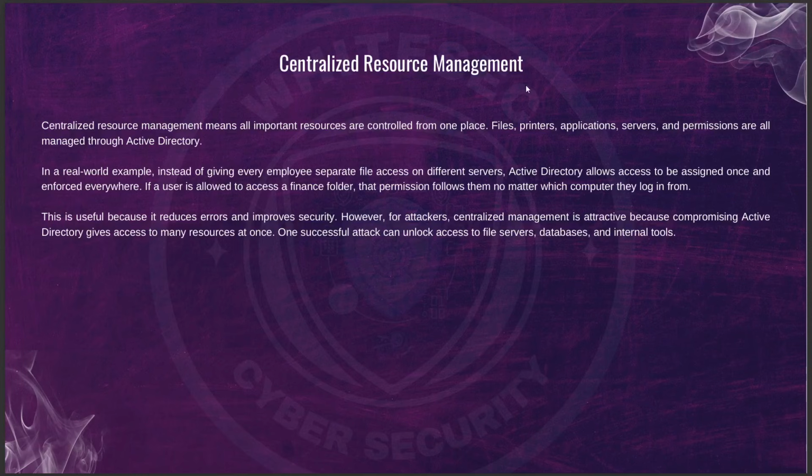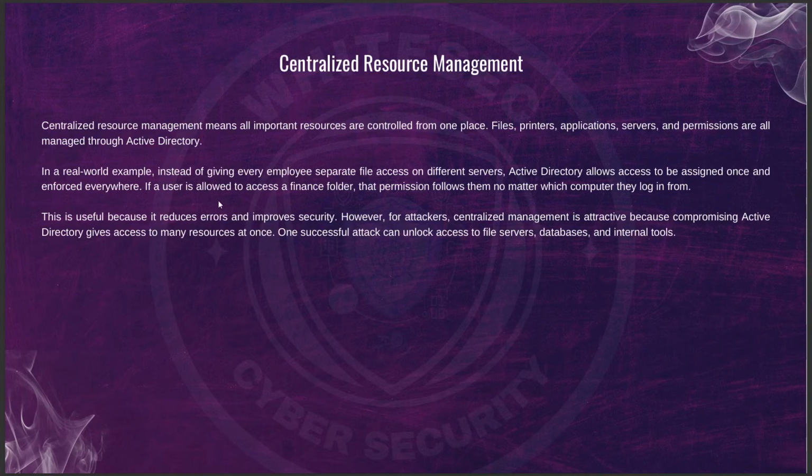This is also a key feature: centralized resource management. Centralized resource management means all important resources are controlled from one place. Files, printers, applications, servers, and permissions are all managed through Active Directory. In a real-world example, instead of giving every employee separate file access on different servers, Active Directory allows access to be assigned once and enforced everywhere.